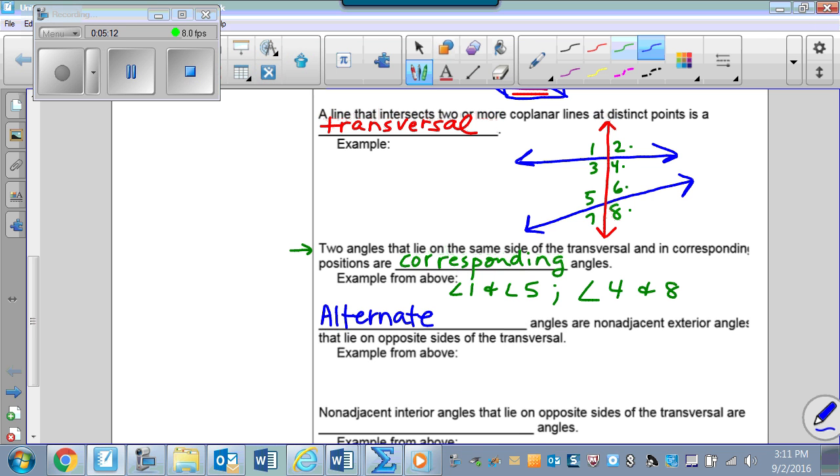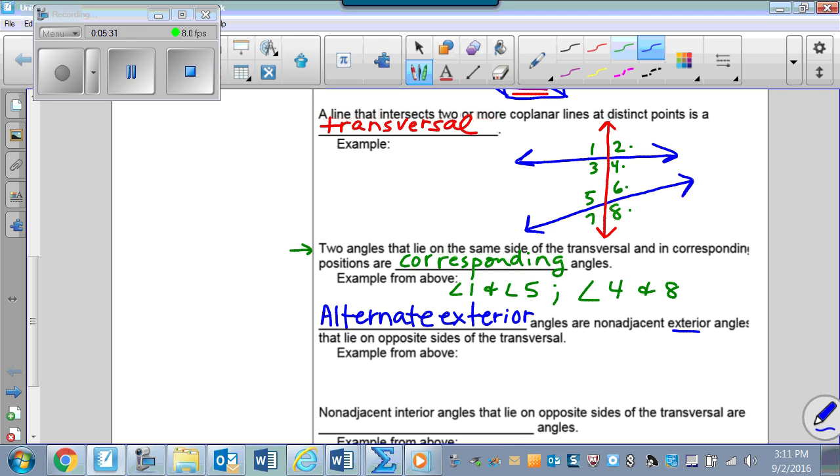It says exterior, it could have said outside. Alternate exterior angles. So they're non-adjacent, means not right beside each other. They don't share a side, and they're outside.